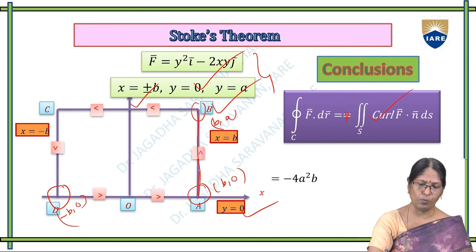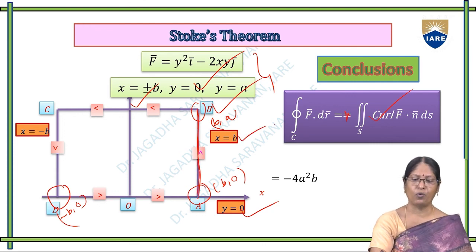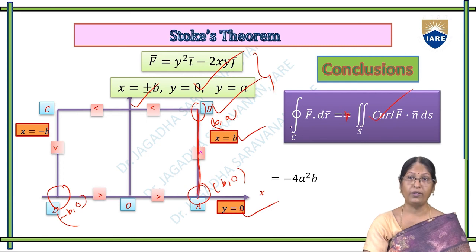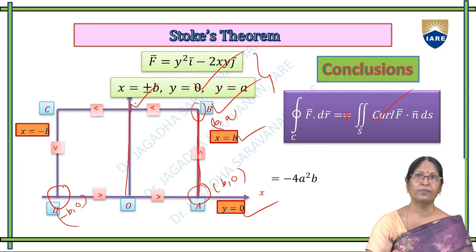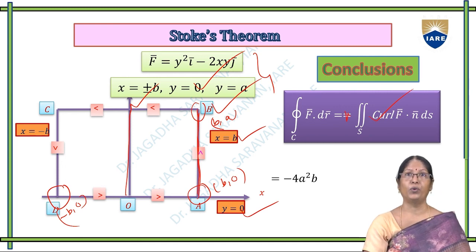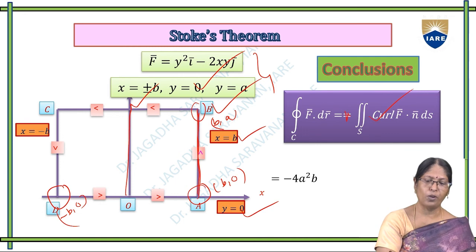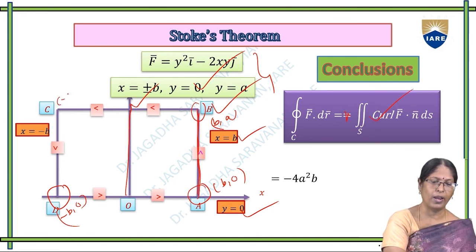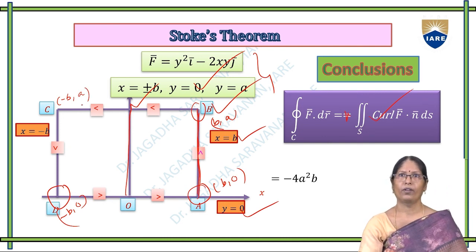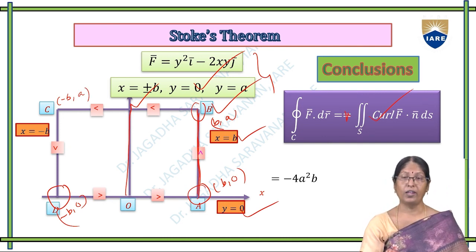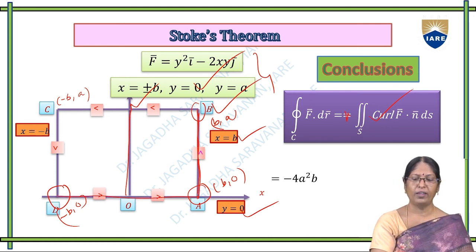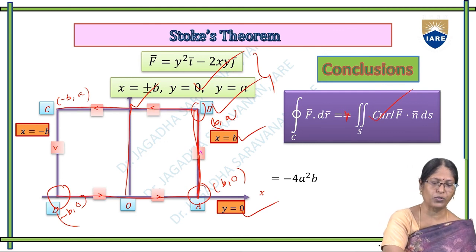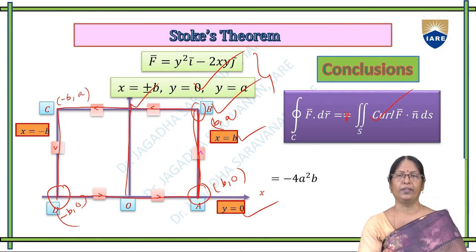And here it moves in the y direction, with the value of x equal to b. There is a point a on the y-axis, here. One more thing we noticed: this point is minus b comma a. It moves in the positive direction, that is from d to a, a to b, b to c, and c to d.